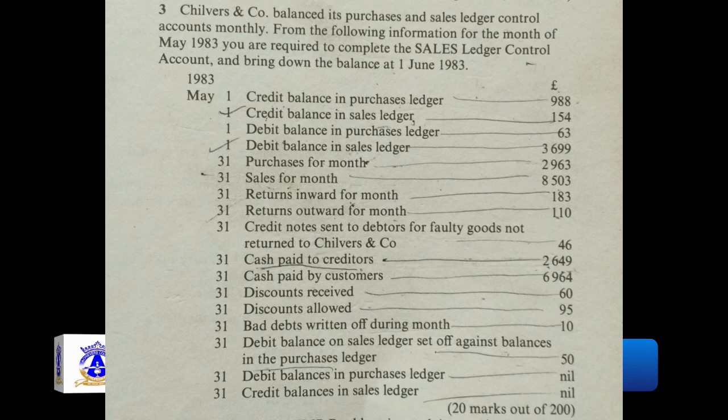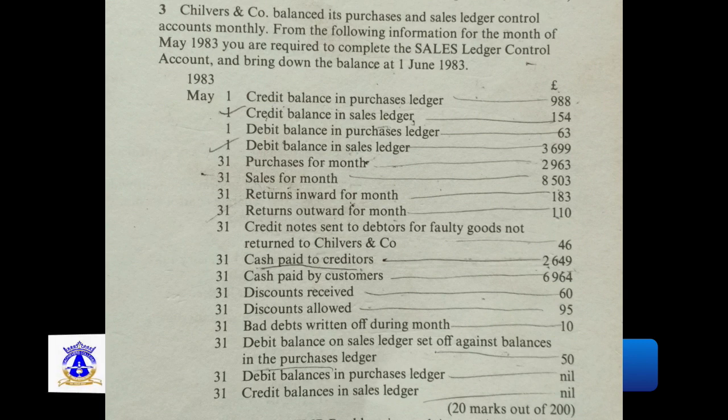Sales for the month 8,503. Returns in for the month 183. Returns out for the month 110. Credit notes sent to debtors for goods not returned to Chilvers and Company 46.